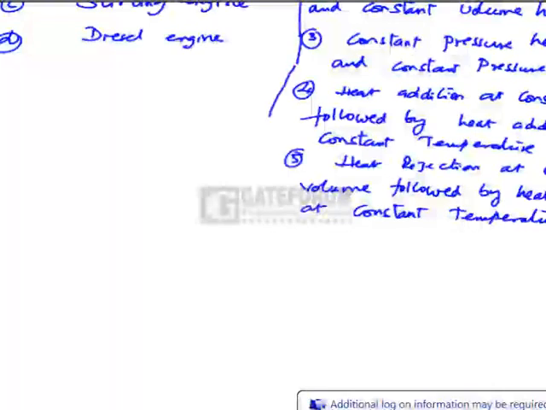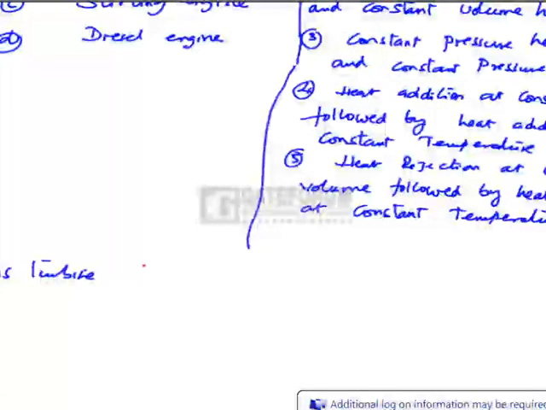Looking at the gas turbine cycle, which is a Brayton cycle. Gas turbine runs on the Brayton cycle. Brayton cycle has got two constant pressure processes and two isentropic processes.